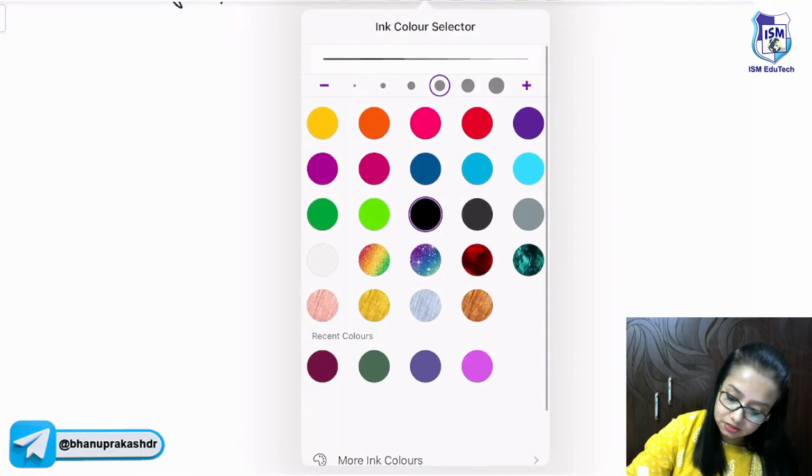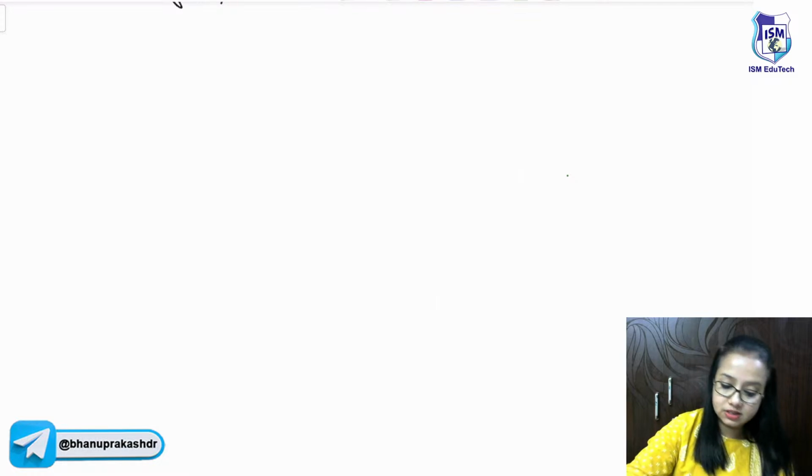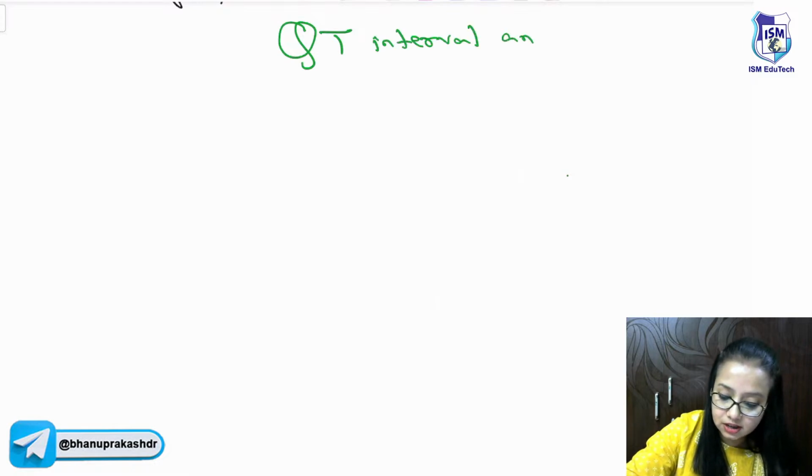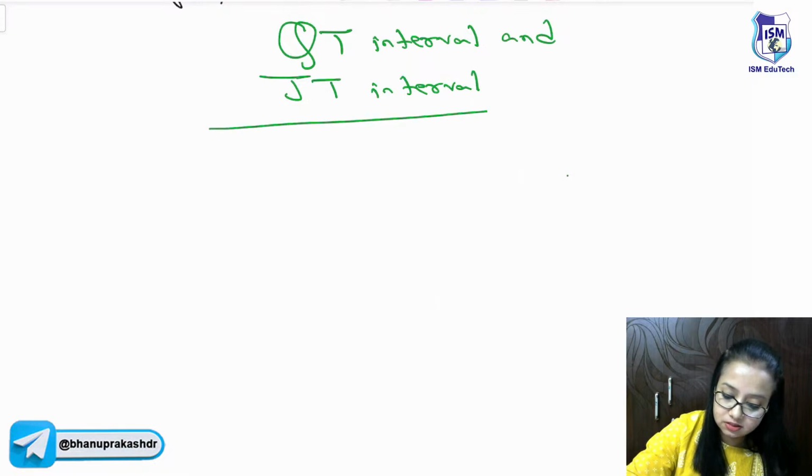Lastly, another important segment or interval is the QT interval and JT interval.